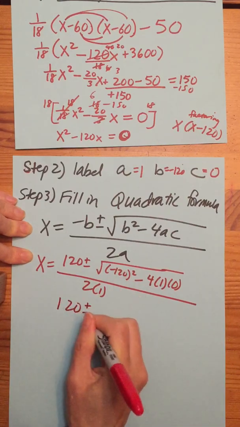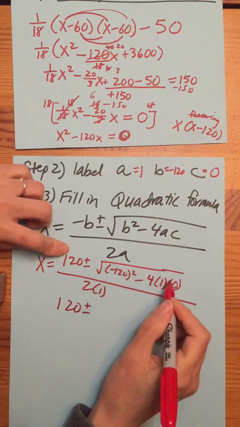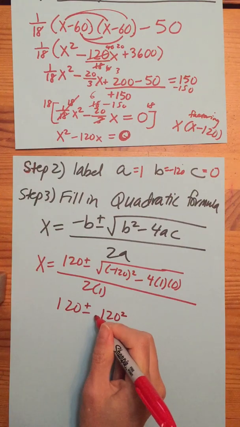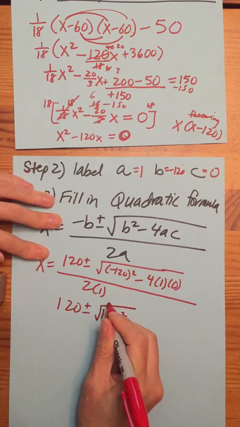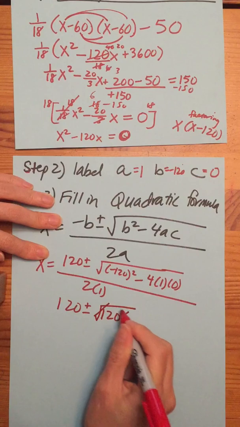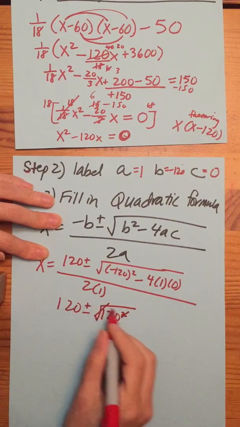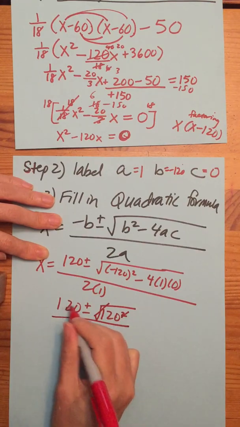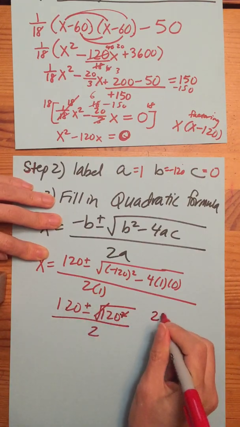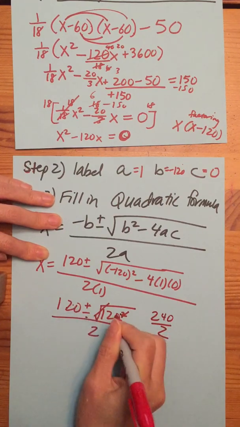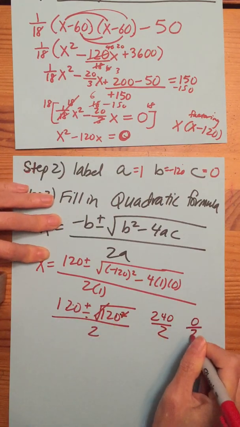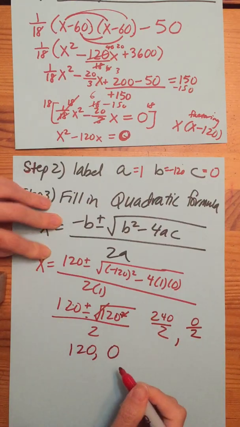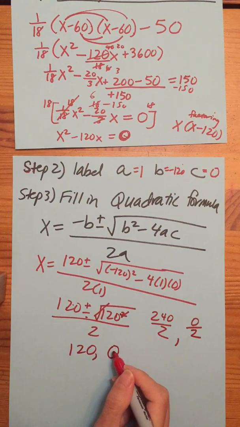That cancels out with the square root. So it's going to be 120 plus 120 over 2, and 120 minus 120 over 2. 120 plus 120 is 240 over 2, and 120 minus 120 is 0 over 2. 240 divided by 2 is 120, and 0 divided by 2 is 0. So my two answers are 120 and 0.